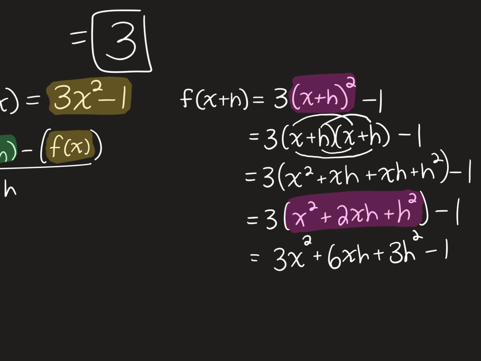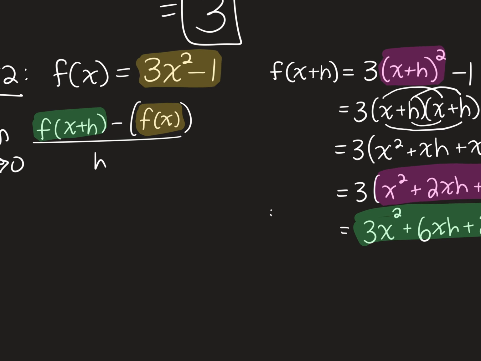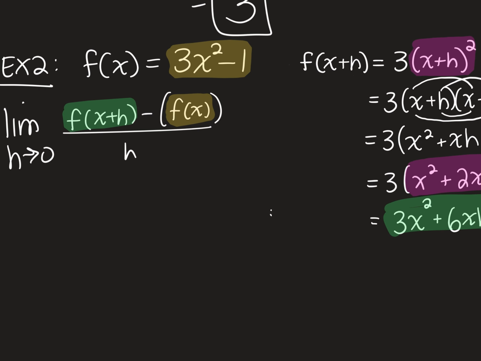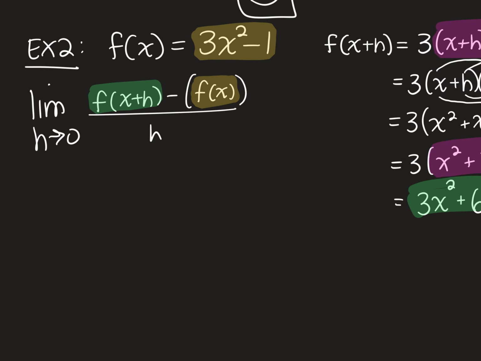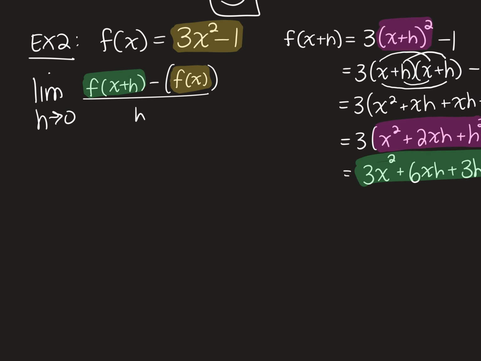All right, so we've now got our green expression. So this is going to go into our difference quotient where I have the green. Let me zoom out just a little so I can keep it on the screen for you guys here in class. That's better. All right, so let's put it all together.